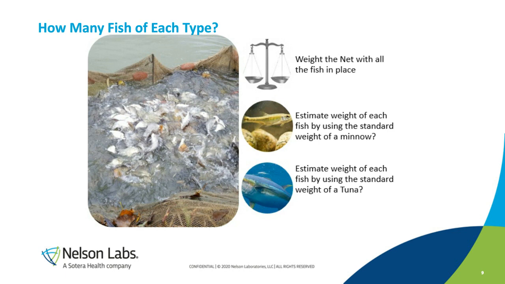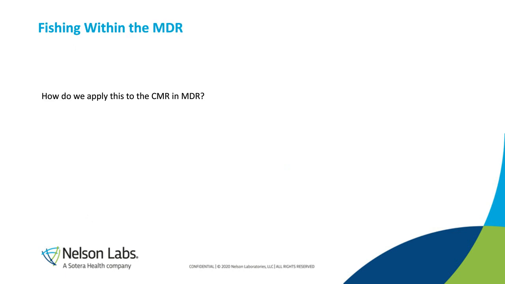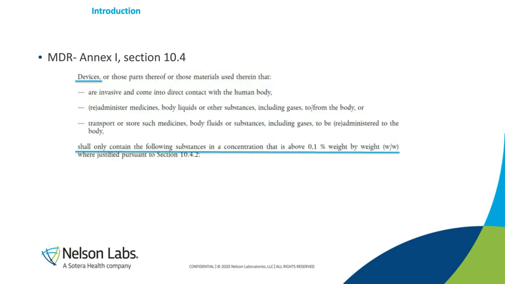So how do we apply all this fishing concept to the MDRs, the CMRs? Like I mentioned, here is the exact point in the MDR in Annex 1. And the interesting part up above is it talks about devices, right? So that's going to be an interesting interpretation of this standard.